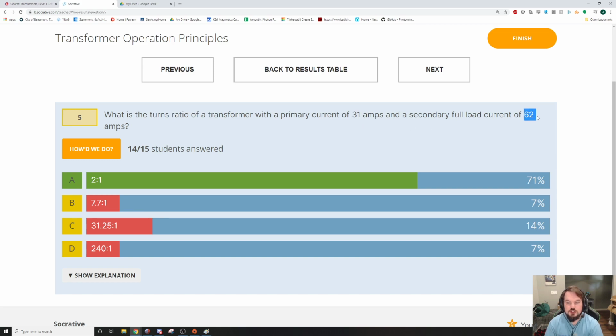You could say it's 31 to 62, but then you need to reduce that down as low as it will go, and 62 is twice what 31 is, so it's a 2 to 1. I can see some of y'all don't bother with the math whenever I put it in a quiz.